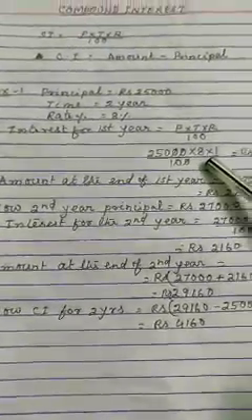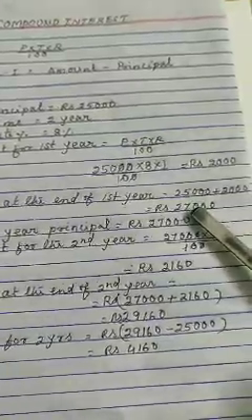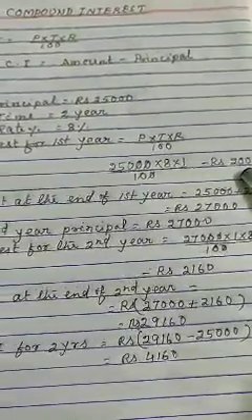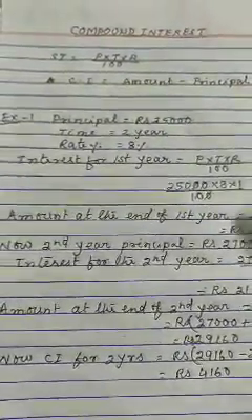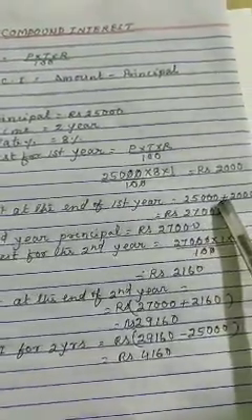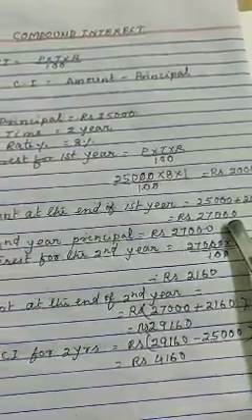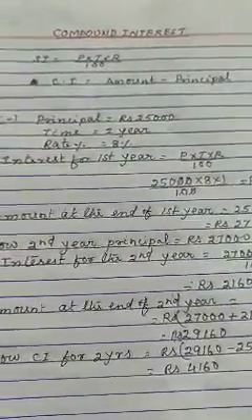After calculation we are getting 2,000 as the interest. Now the amount at the end of the first year is 25,000 plus 2,000, that is 27,000.